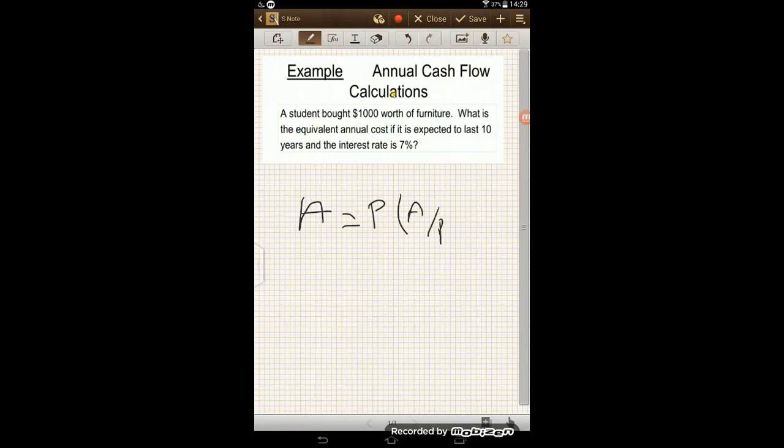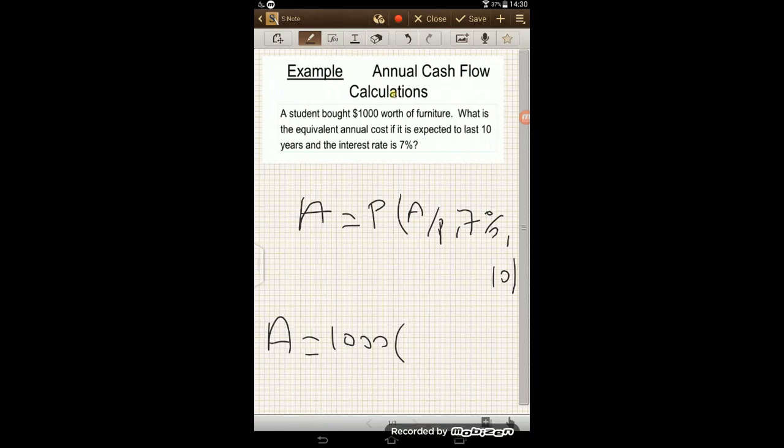Then we make it 7% interest rate, then for 10 years. So we are gonna find the annual series, the annual cash flow. A is equal to the present value, the student bought for $1,000, so the present value is 1,000. Then A over P, 7% for 10 years.